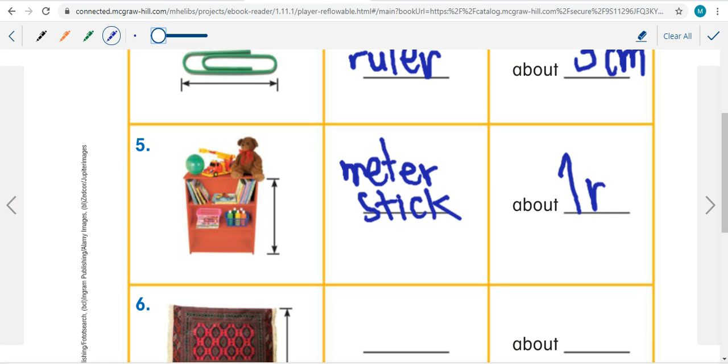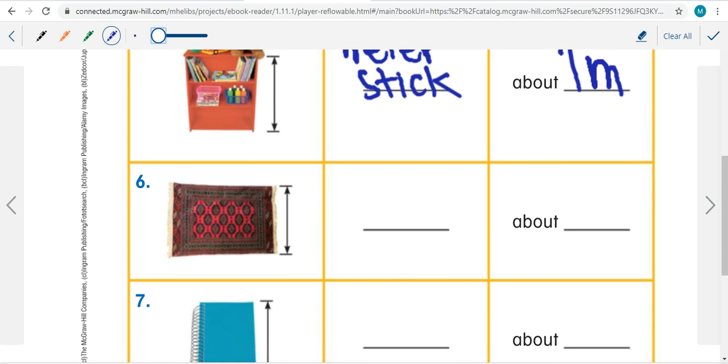It's about 1 meter. Okay? Now, this is a rug. Es una alfombra. Which tool do you think it's better to measure this one? It's big. This object is big, so we use the meter stick.